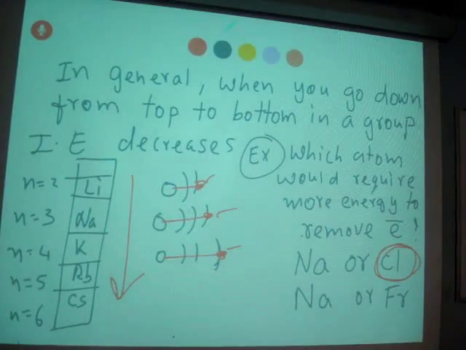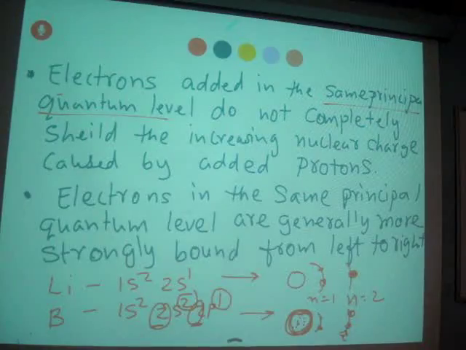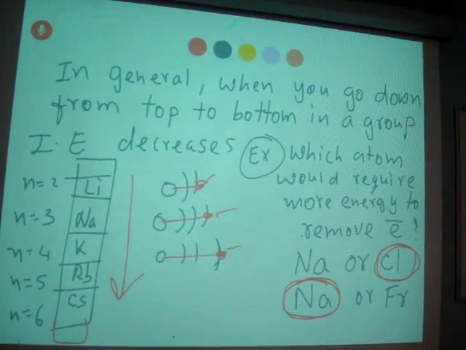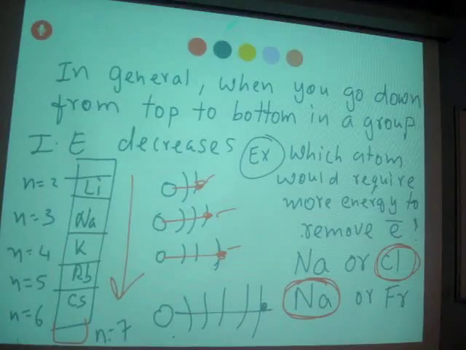Now when you go down from top to bottom in a column, which one, sodium or francium? Sodium has the higher ionization energy, because francium is at n equals 7, so its electrons are on the 7th level, and you need less energy to remove it. That's how you interpret those trends and identify ionization energy.